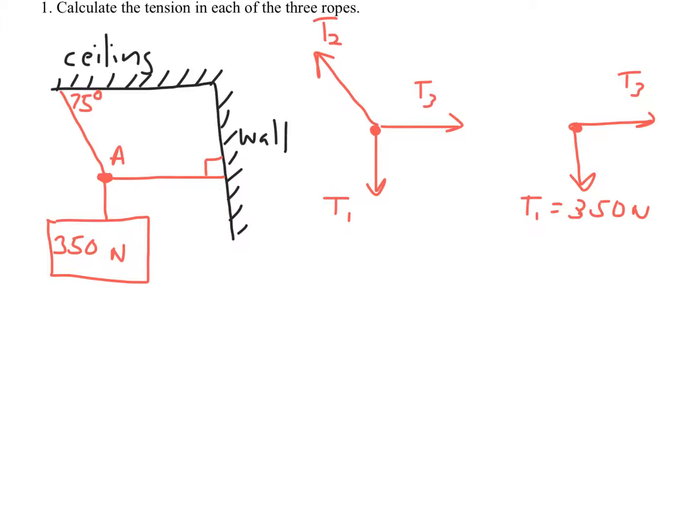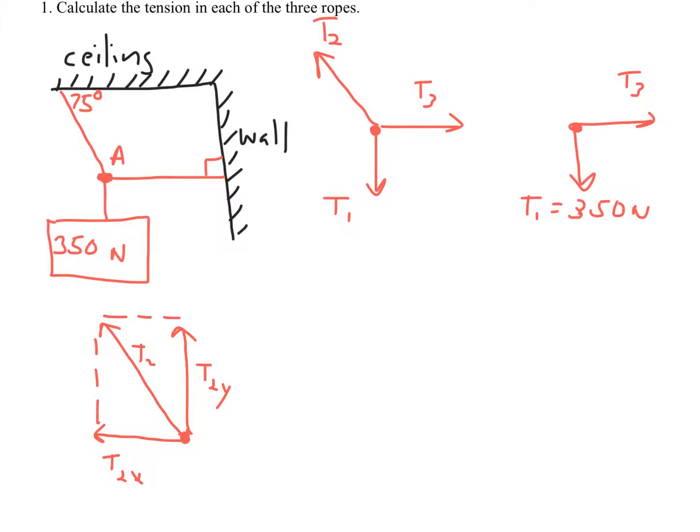Alright, so I'm going to redraw T sub 2 and find the components. There's T sub 2. And we'll draw our components, T sub 2y and T sub 2x. And we can draw our rectangle.